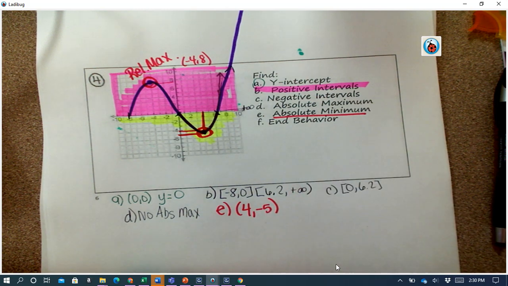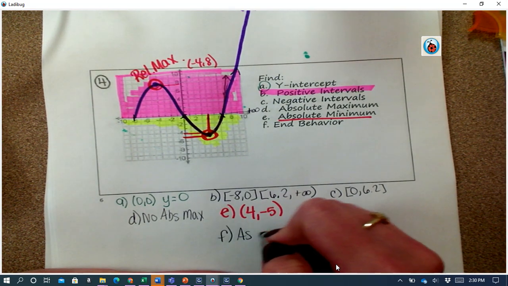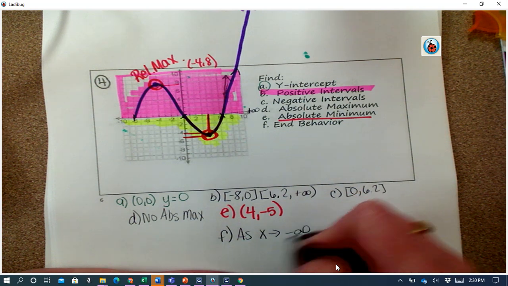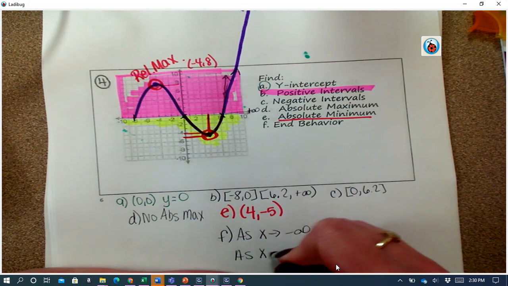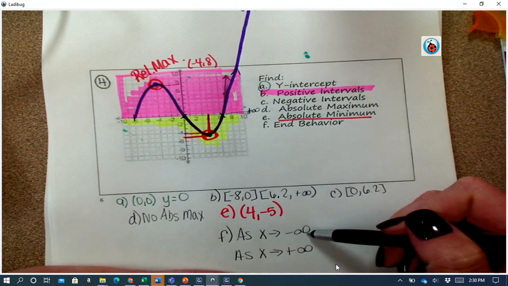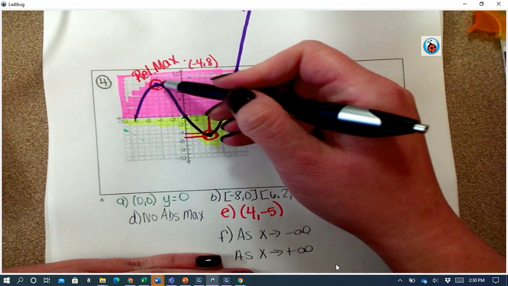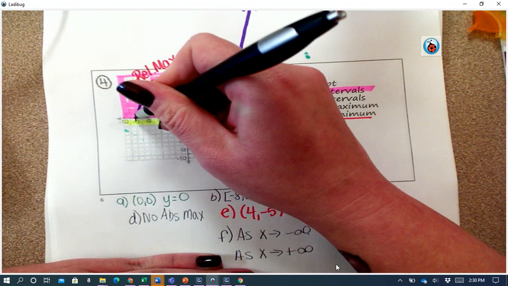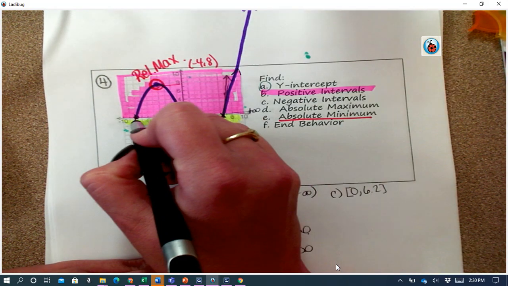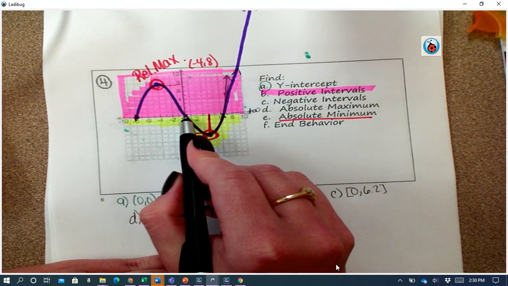And then end behavior always starts off the same way. As x goes to -infinity, and then as x goes to positive infinity. So as x goes to -infinity, we're going to follow our graph to the left. Our graph stops right here, so we need to follow it over.